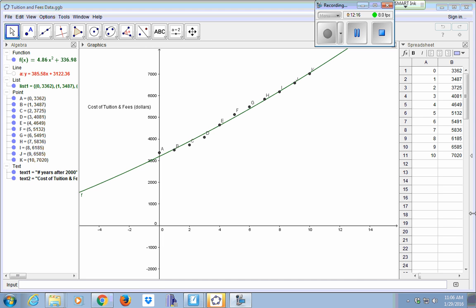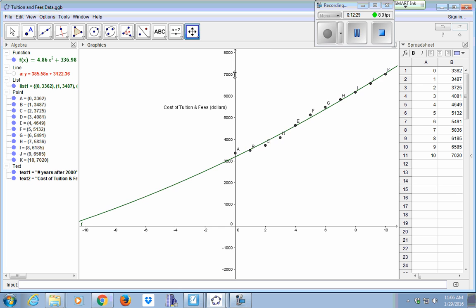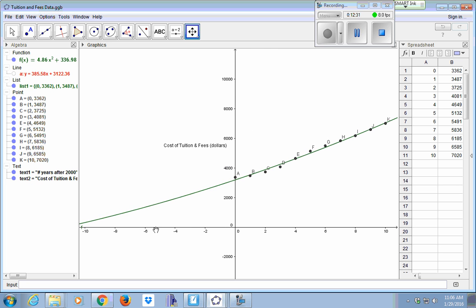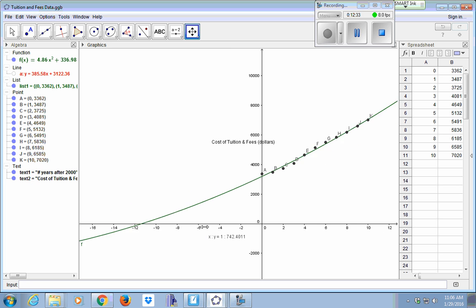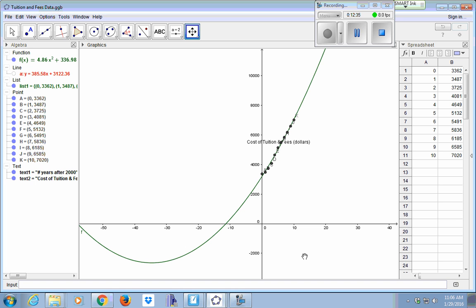So we may have said, well, that line shows a linear trend, as one of the variables increases, the other increases. It's not exactly linear, but if you notice, I'm going to take this little four-way arrow and move my scales together, and you can actually see what kind of equation or shape I'm using to model this: a parabola, or a quadratic.